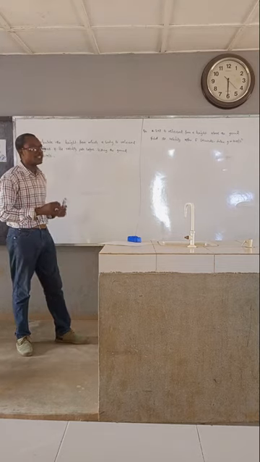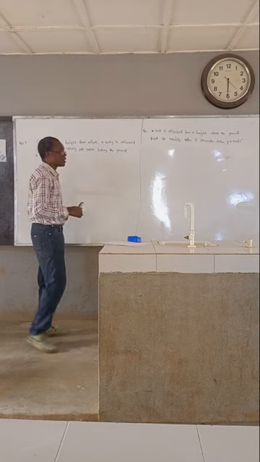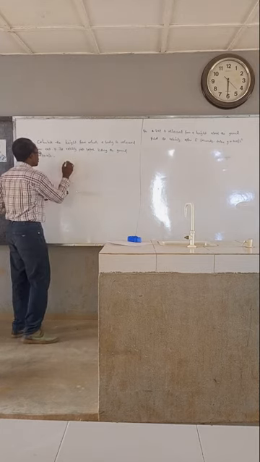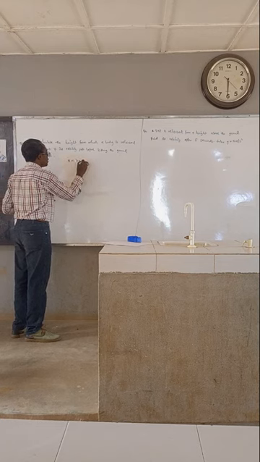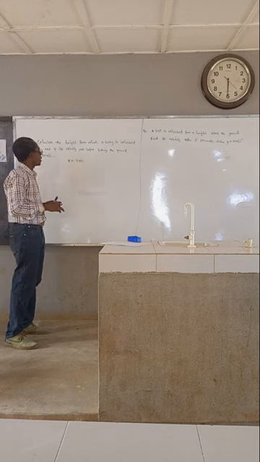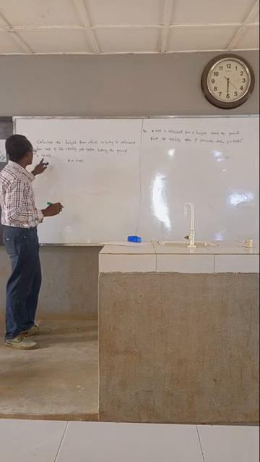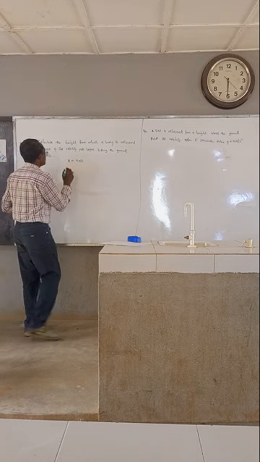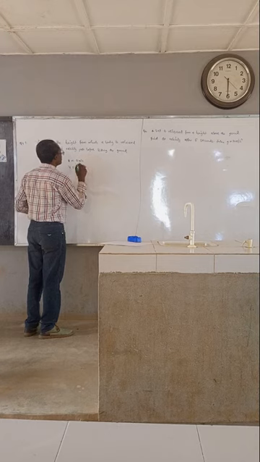Now, in solving this question, the first thing we need to do is to bring out what is given in the question. From our question, the body is coming from rest, so our initial velocity u is equal to 0 meters per second. Just before hitting the ground, the velocity is 30, so our v is equal to 30 meters per second.